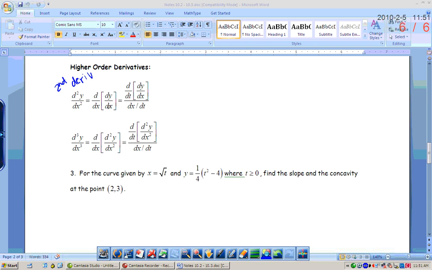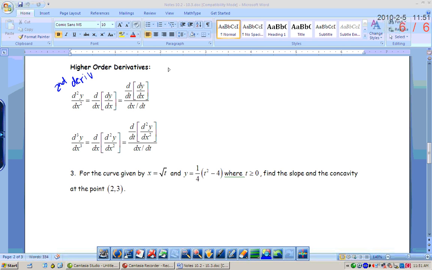Y'all cool with that? So if you're taking the derivative of dy/dx, remember, dy/dx is in terms of t. So you have to take the derivative of dy/dx in terms of t, but then you have to divide by dx/dt.